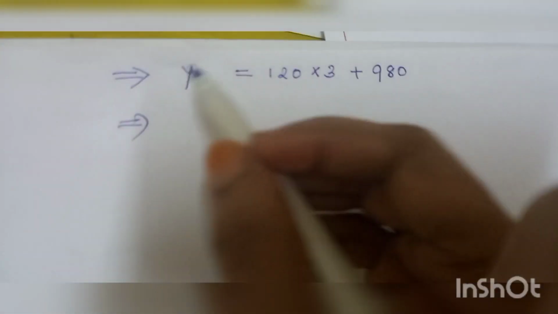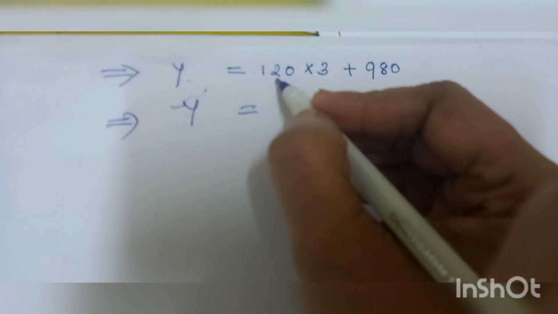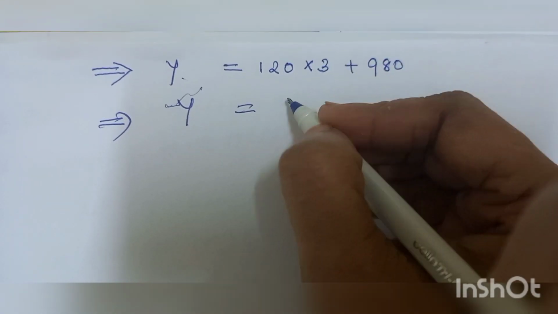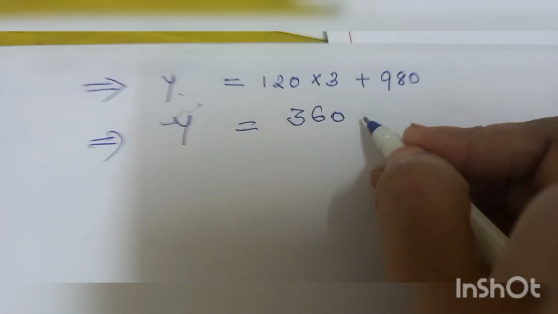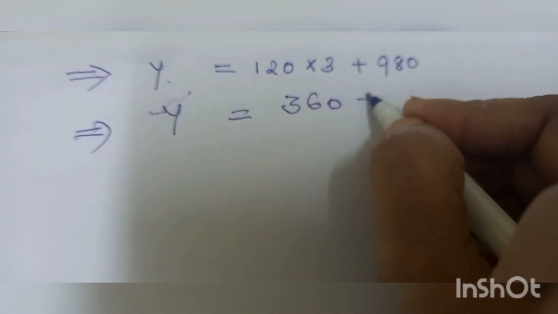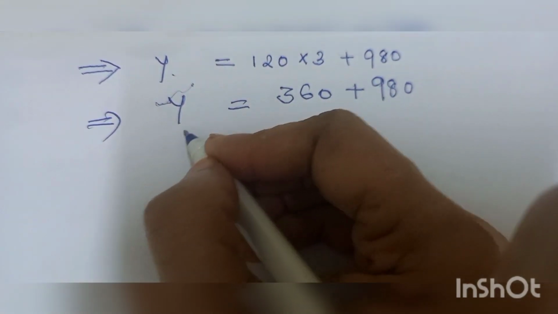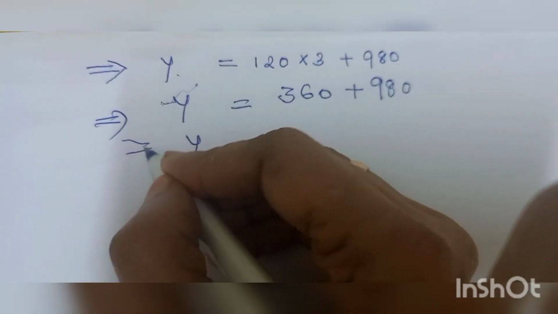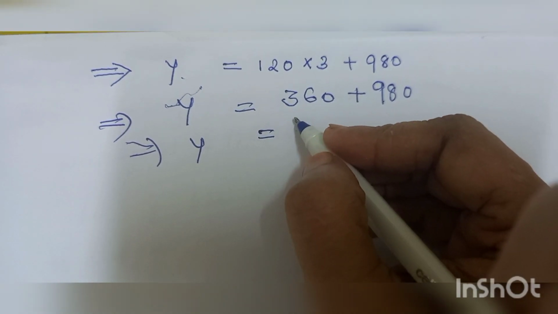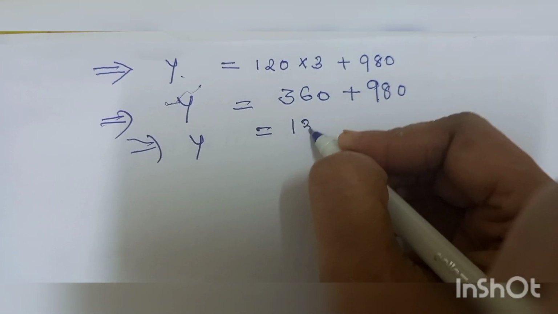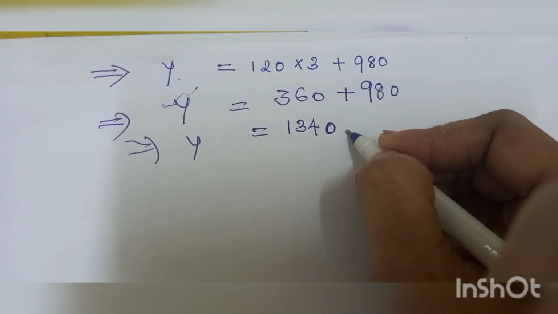So y is equal to 120 into 3, which is 360, plus 980. So y is equal to 1340 liters.